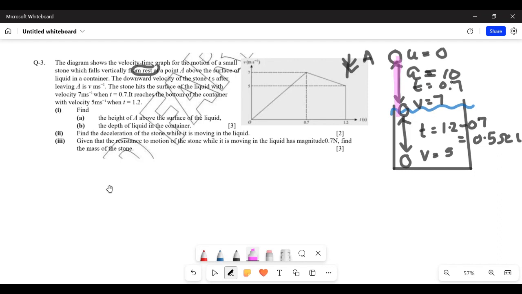Miss, v square is equal to u square plus 2as. Okay, let's try it.